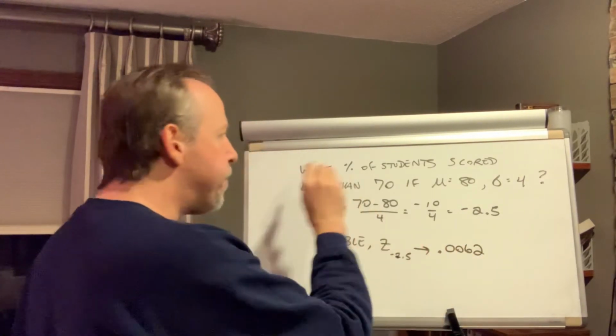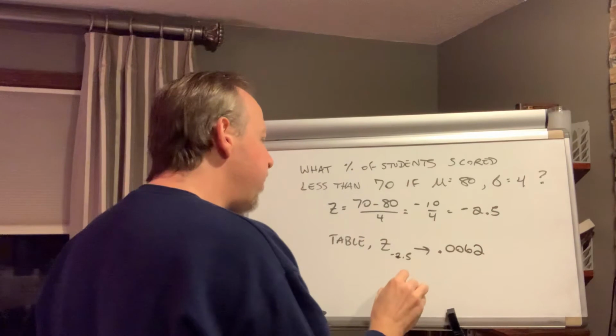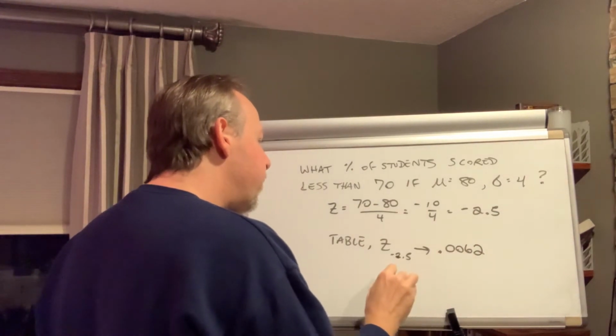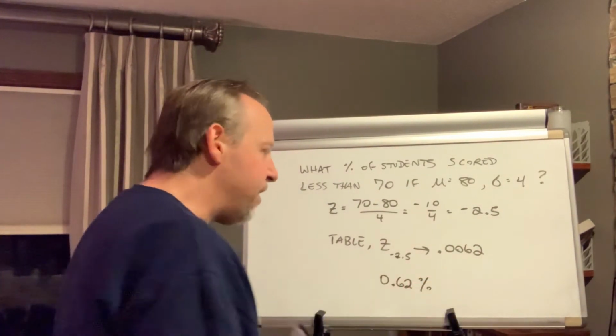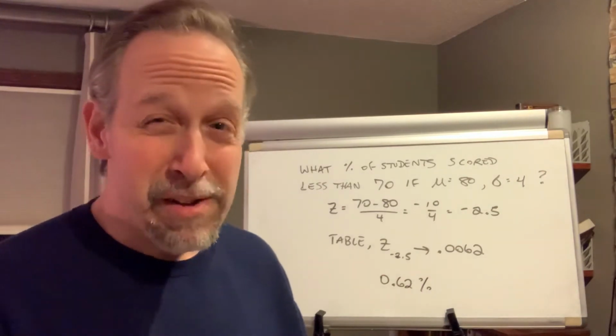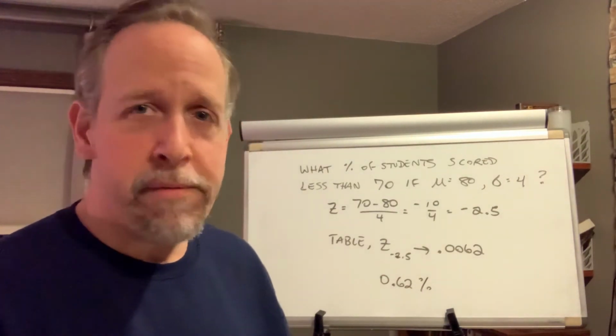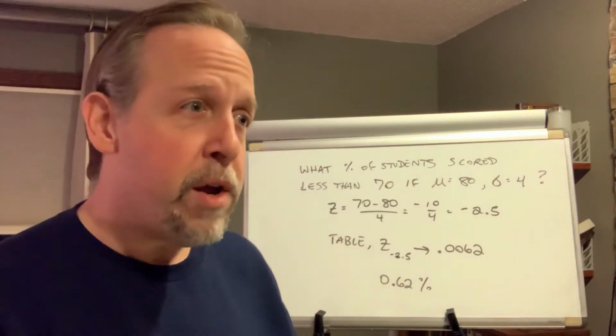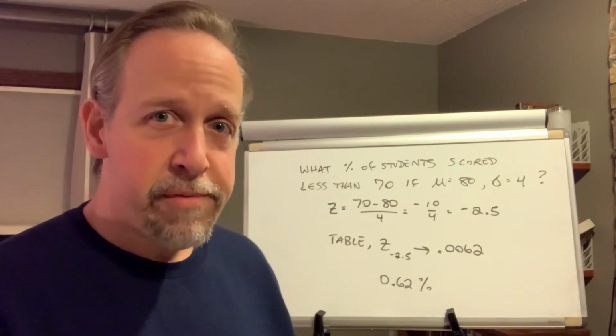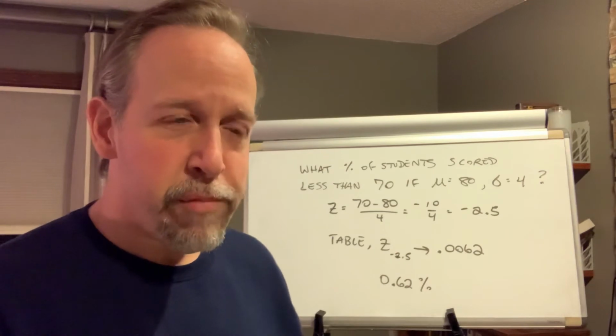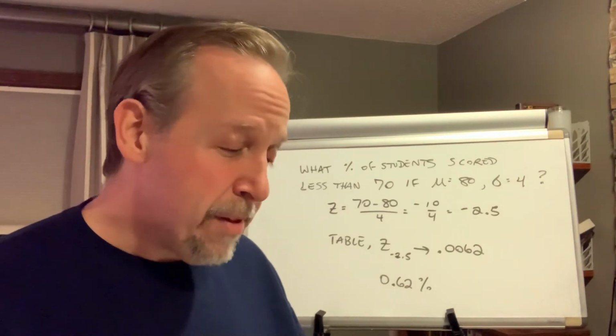So what percent of students scored less than a 70? 0.62%. Not much. 62 hundredths of a percent, not even 1% of students score lower than 2.5 deviations below the mean. Okay, that's an example of how we're going to use it.